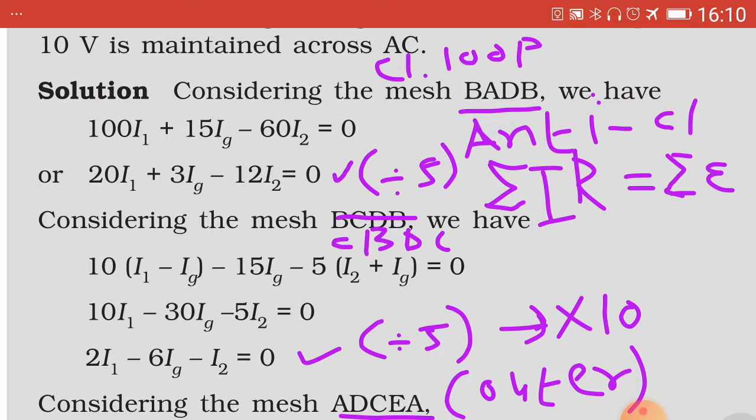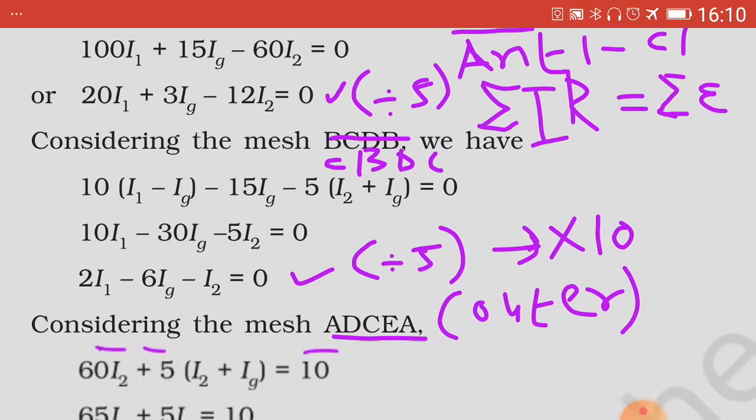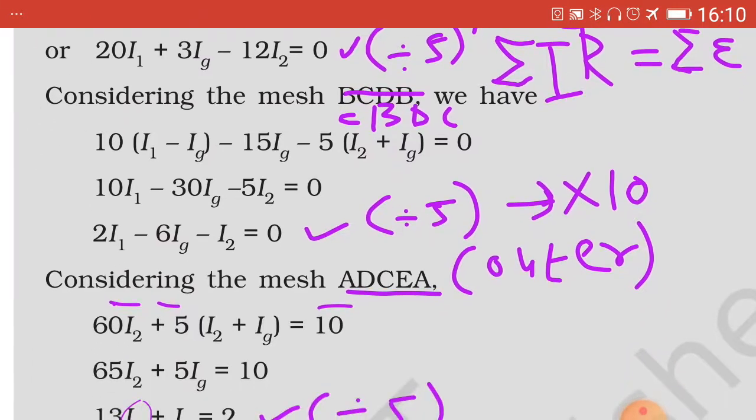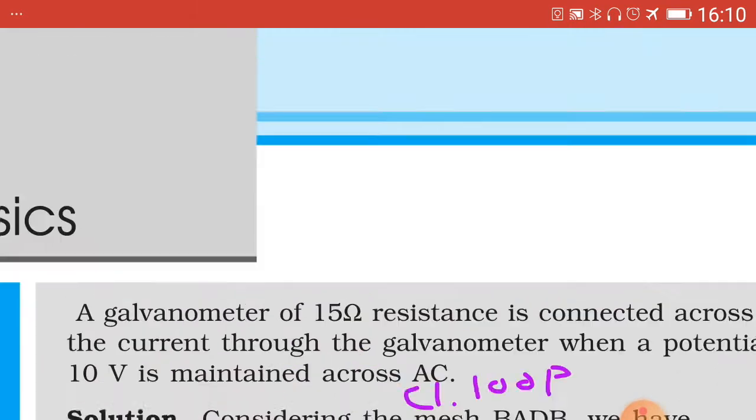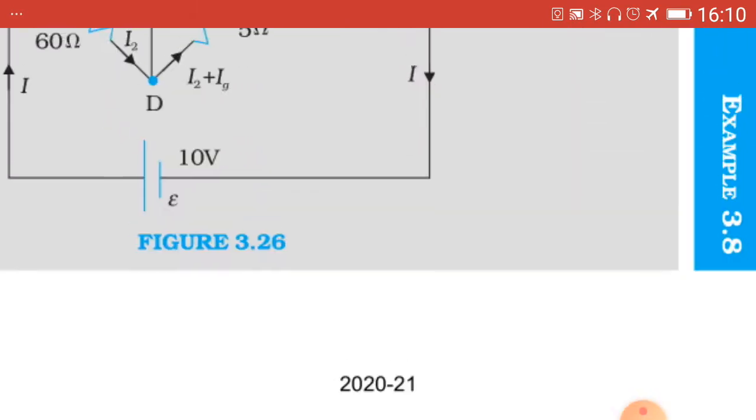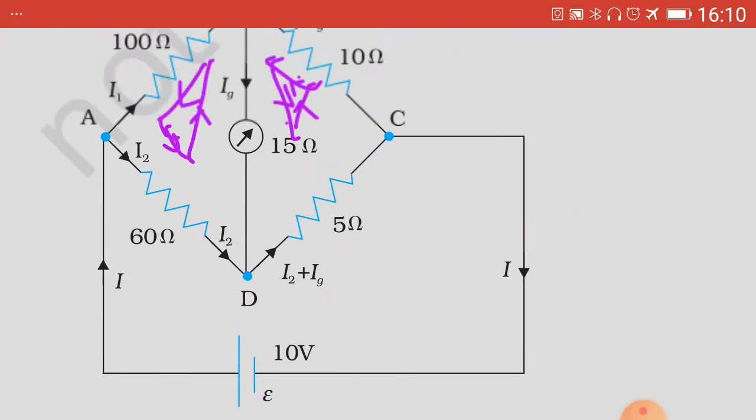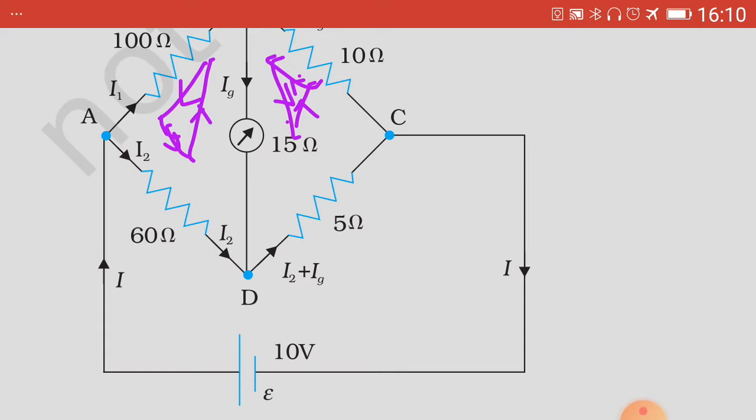Now again, lastly we consider the mesh ADCEA, that is the outer part. We again refer the figure for that, and I explain you. ADCEA. Now this way we travel.